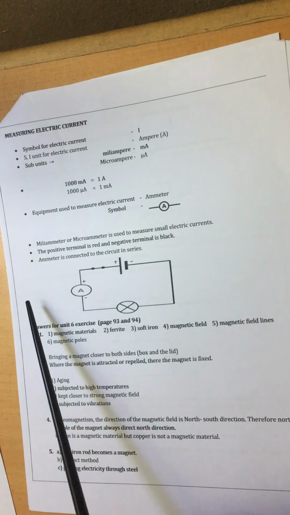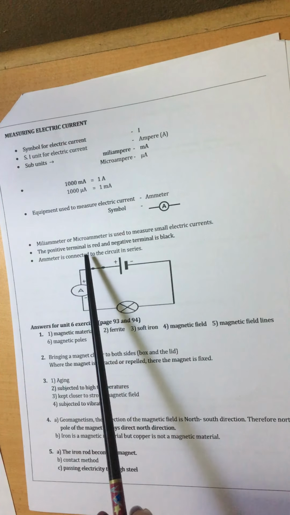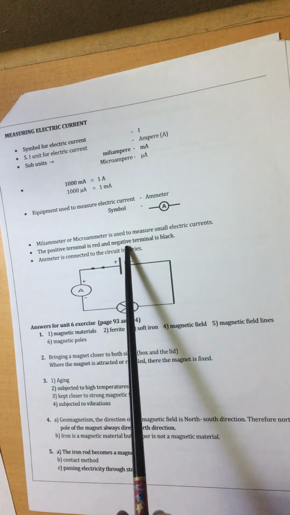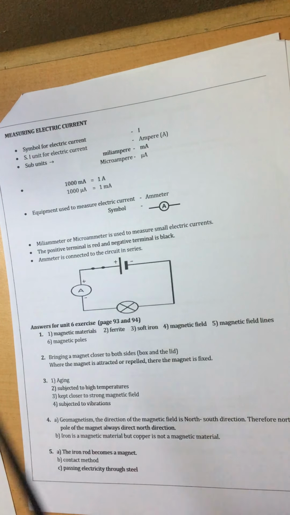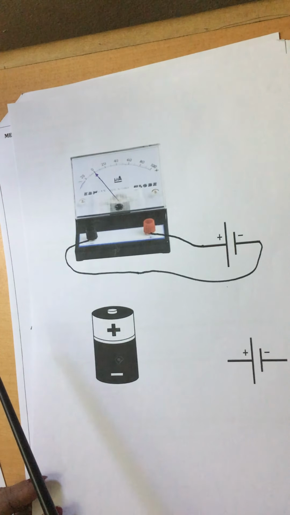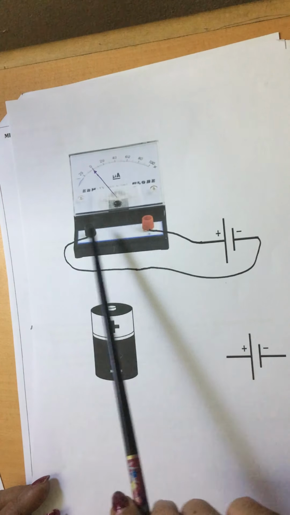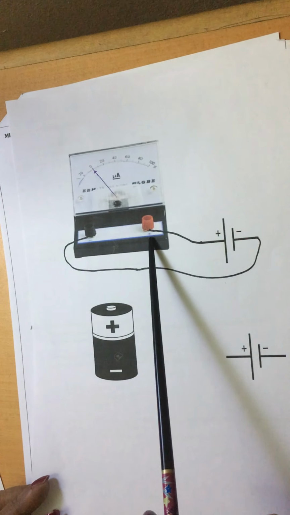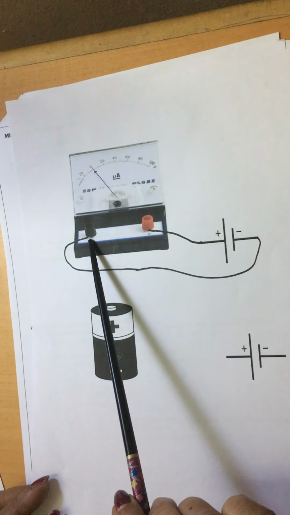I explained to you, the positive terminal is red and the negative terminal is black in the ammeter. Now here see, this is a microammeter. There are two knobs, red is positive, black is negative terminal.